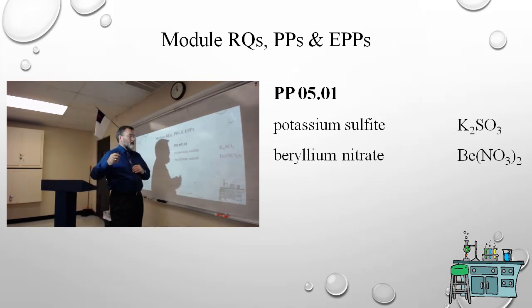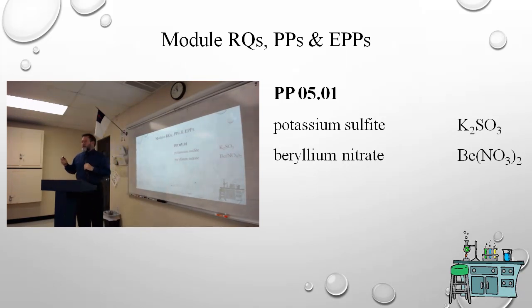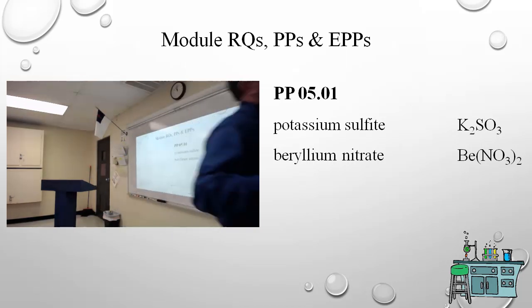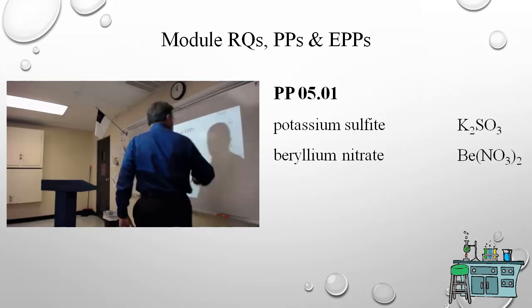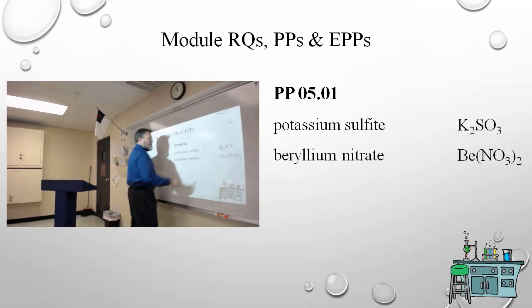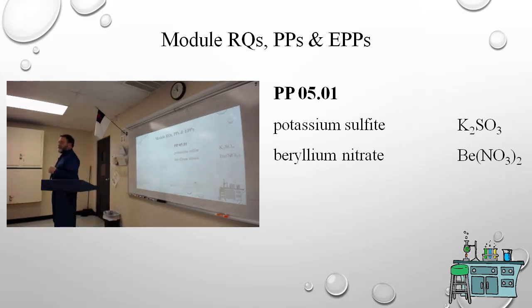Okay. So what's a nitrate have as its charge? Okay, if nitrate has a 1 negative, beryllium has a 2 positive, right? Let's check it. Beryllium's right here, column 2A element, so it goes to a 2 positive as a metal. So it takes 2 of the nitrates to balance out 1 of the berylliums. That's how we get that formula.